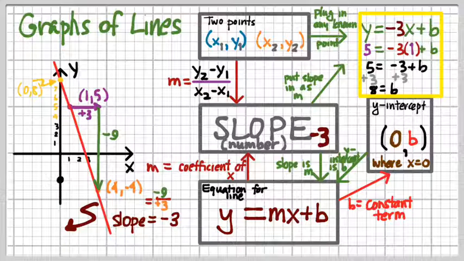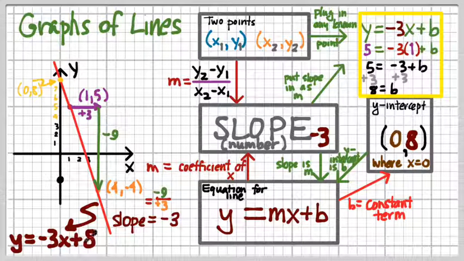I have my slope. I have my intercept. y equals -3x plus 8, right. I just have to put the players into their places. Put the slope in where we see the m, put the intercept in where we see the b. y equals -3x plus 8 would be an equation for this line.